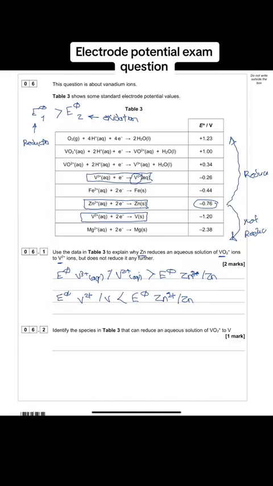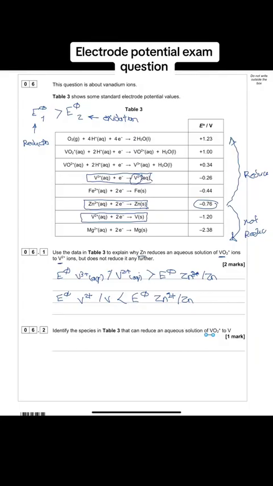And then the next question is to identify the species in table 3 that can reduce an aqueous solution of vanadium 2+ to vanadium. So only look at the species that has a standard electrode potential that is less than the one for vanadium.